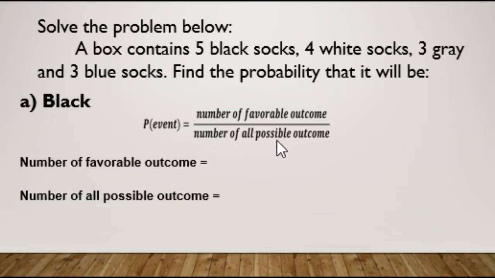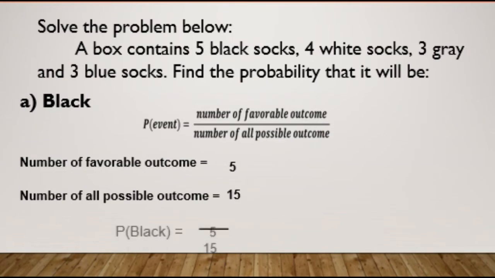So here is our formula. And we are referring to black socks, so we have 5 for the number of favorable outcomes. How about the number of all possible outcomes? How many socks do we have here? We have 5 black socks, 4 white, 3 gray, and 3 blue, for a total of 15 socks, right?